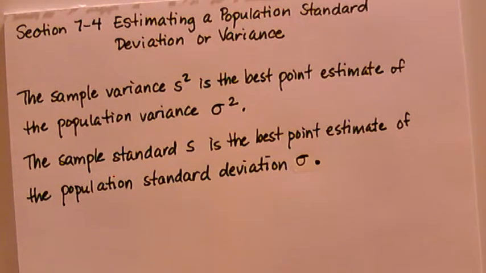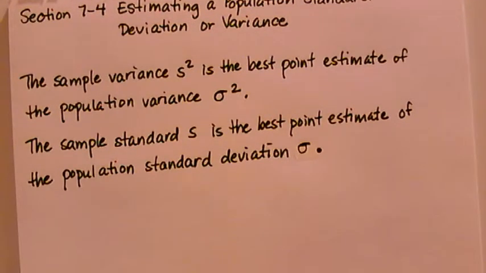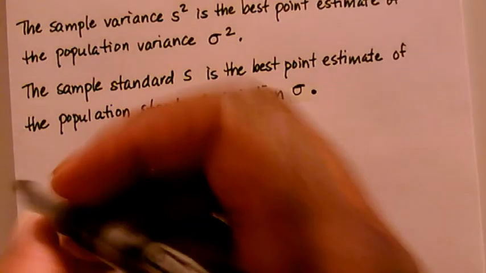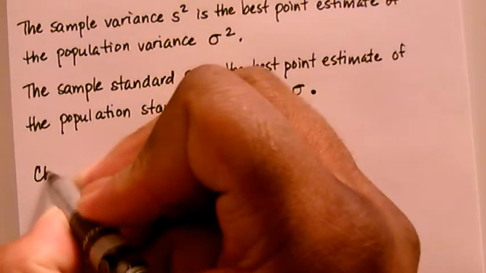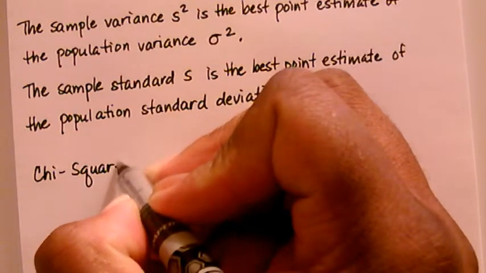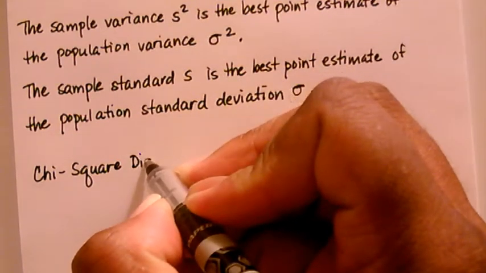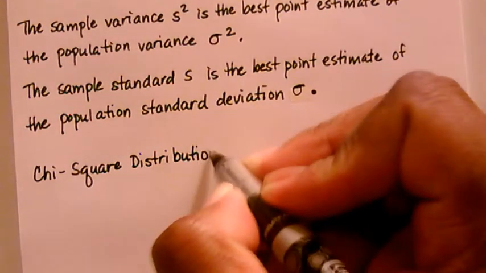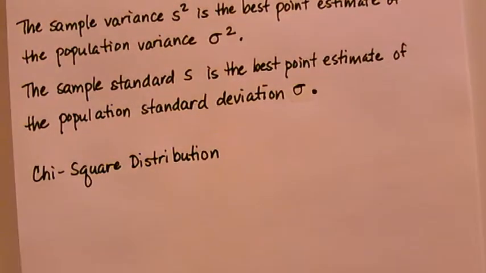Now the next thing we're going to talk about: when we're estimating a population variance or a population standard deviation, the distribution that we use is a chi-square distribution. For a population proportion, we use the normal distribution. For a mean, we use the t-distribution, or the student t-distribution, when sigma is unknown.